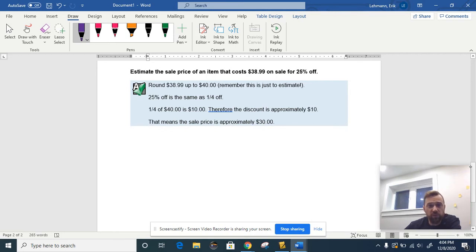So for example, if you wanted to estimate 10% of $38.99, you would round that up to $40. Whenever you estimate 10% of something, we move the decimal over and get rid of that last digit. So 10% of $40 is $4.